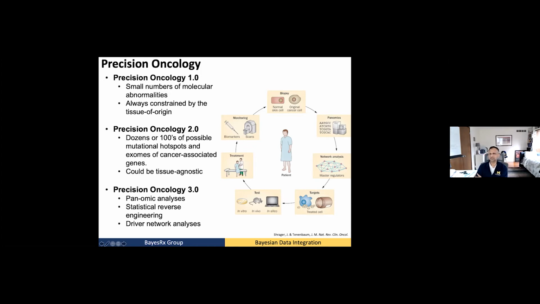The 2.0 version, which is where we are right now, has a number of possible actionable or clinical markers probably in the dozens or even hundreds, and could be tissue agnostic. And 3.0 is probably in the works on the slope for future implementation: how do we get to Pan-Omic analysis and then more quantitative statistical reverse engineering and network analysis, which completes this life cycle all the way from bench to bedside.